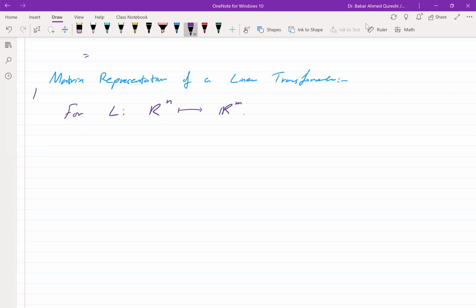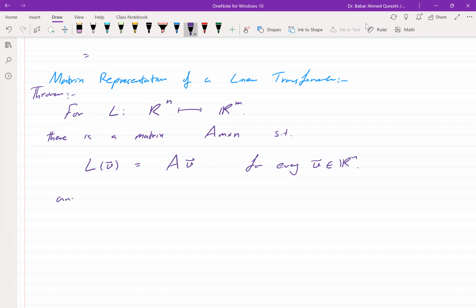So let's say this is a theorem. For any linear transformation like that, there is an m by n matrix such that the action of this linear transformation on your vector in Rn is equal to just applying this matrix on this vector, for every V in your Rn.